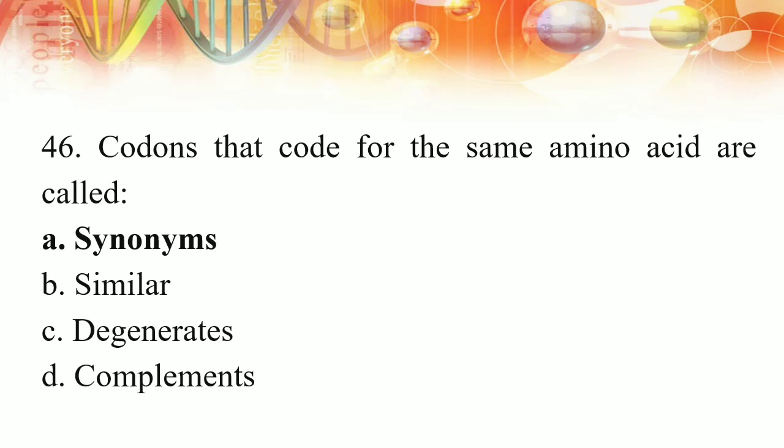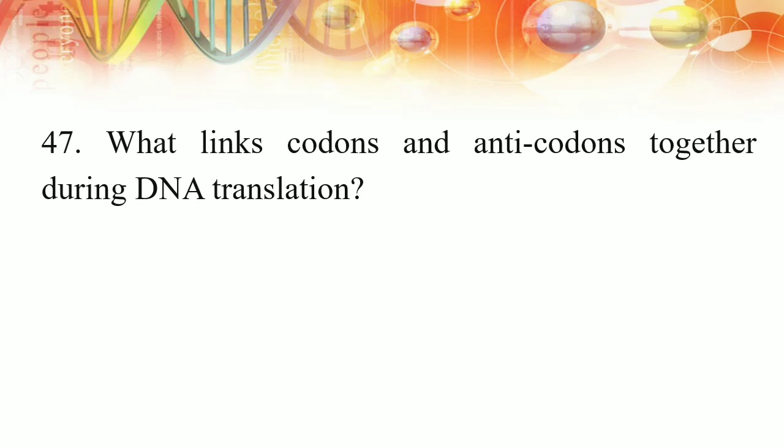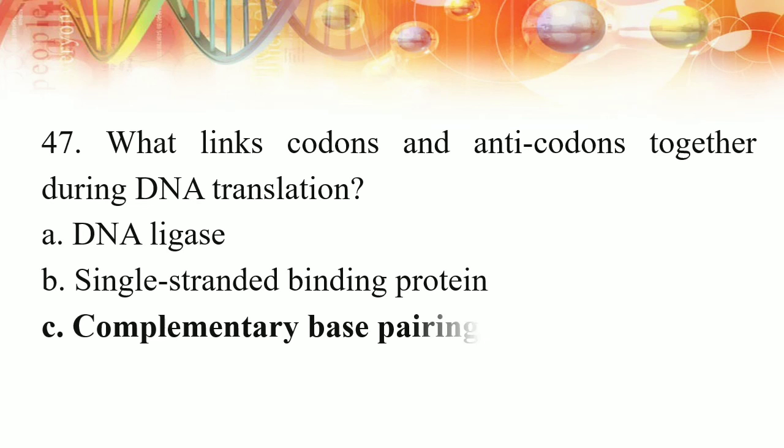Number 47. What links codon and anti-codons together during translation? A. DNA ligase, B. Single-stranded binding protein, C. Complementary base pairing, D. GTP. DNA ligase is a specific type of enzyme that facilitates the joining of DNA strands together by catalyzing the formation of a phosphodiester bond.